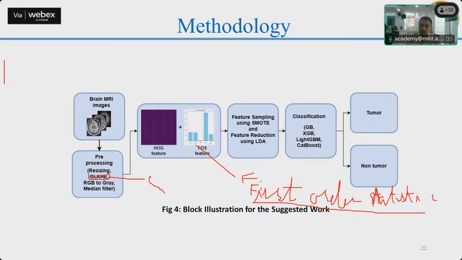So what is basically the HOG? HOG will take care of these local things, right? But FOS, etc., they take care of the global value. So both the things complete each other.